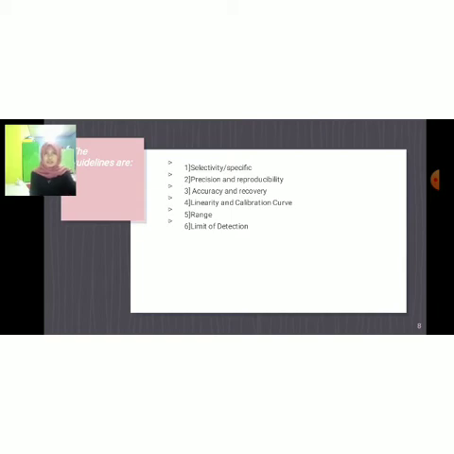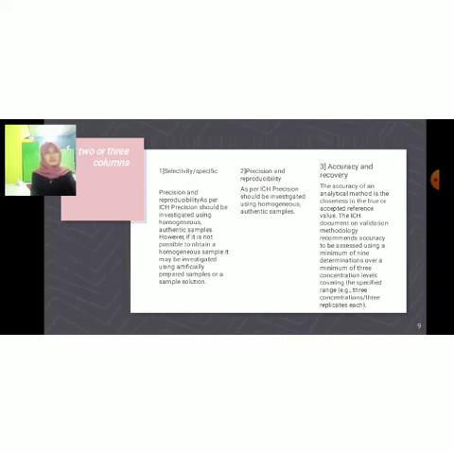Second, precision and reproducibility. Third, accuracy and recovery. Fourth, linearity and calibration curve. Fifth, range, and the last, limit of detection. For the criteria, the first is selectivity or specificity.